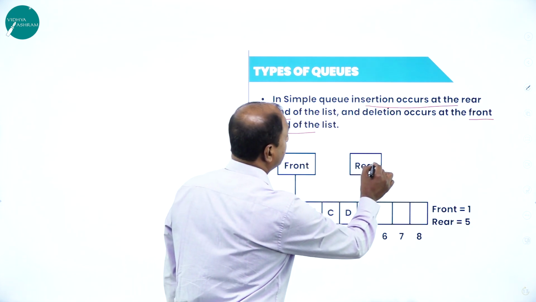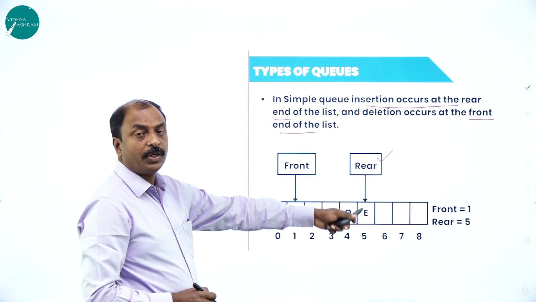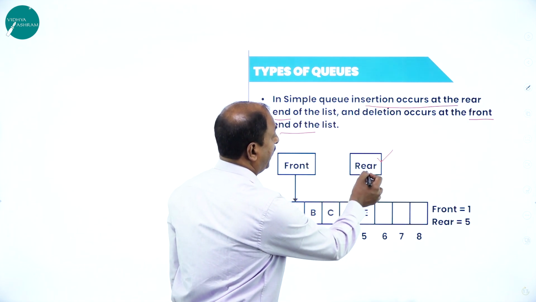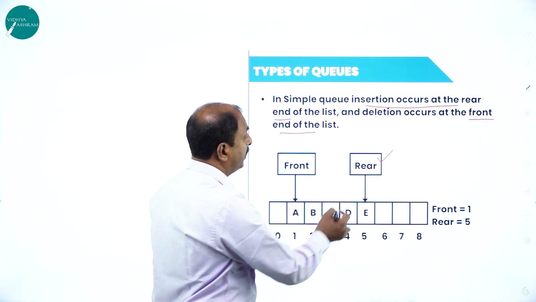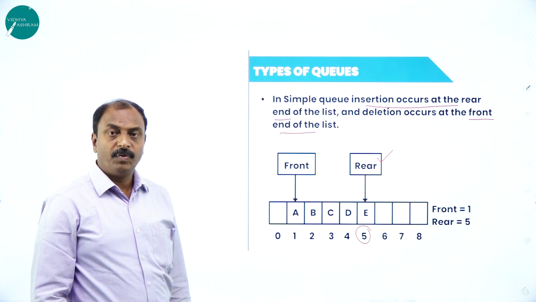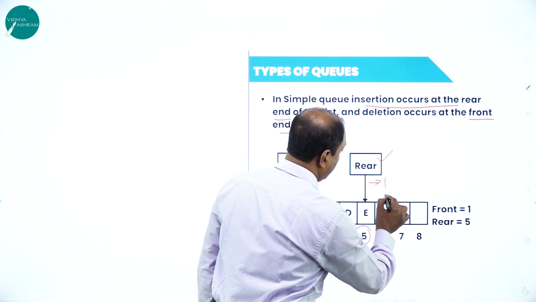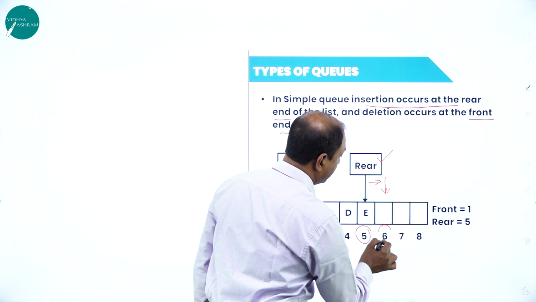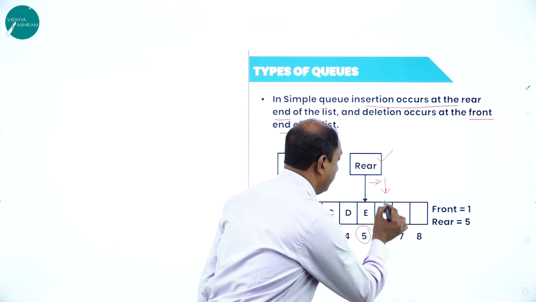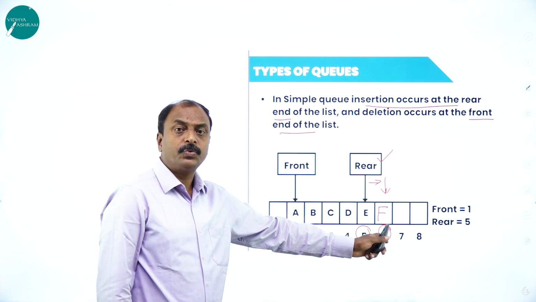Here, rear is the pointer where we are going to add a new data item into the queue. At this point, the value of the rear pointer is at index 5. If you want to add one more element, we push the rear pointer to index 6, and this is the place where we can insert the new data item.